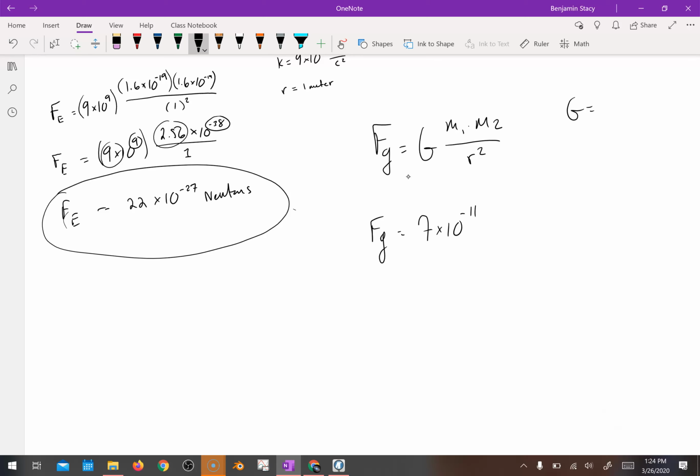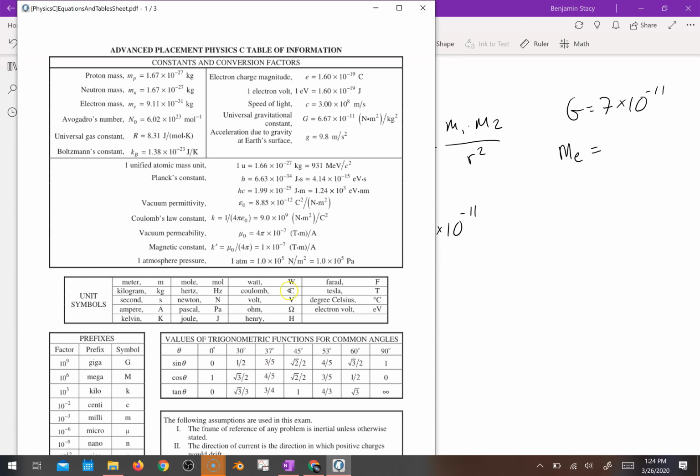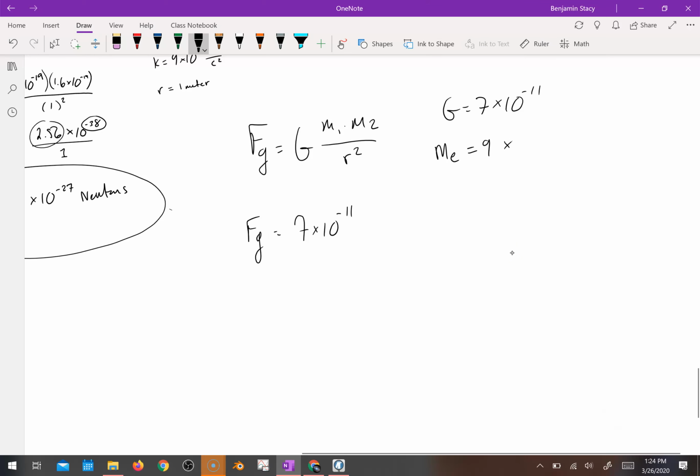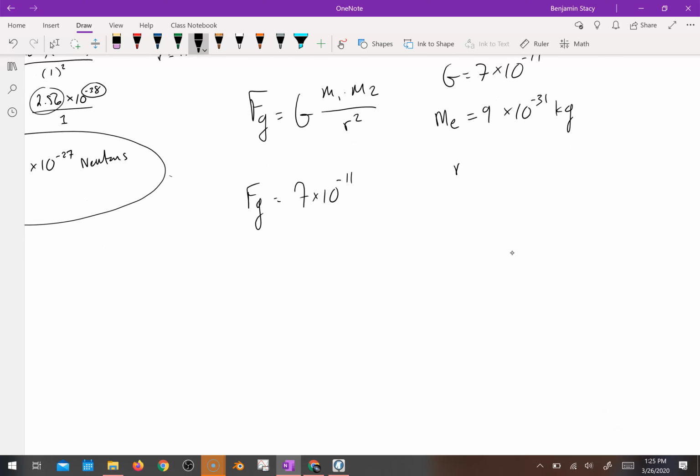Big G is our 6.67 times 10 to the minus 11, so I'm going to round it to 7. And then the mass of an electron is super tiny. We can find it. It's right over here: 9.11 times 10 to the minus 31 kilograms. We're going to call it 9 times 10 to the minus 31 kilograms. All right, we'll say they're 1 meter apart again.